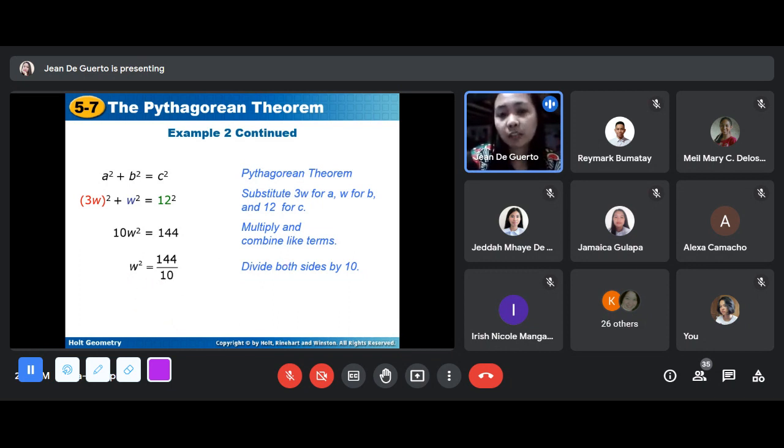We extract the square root, taking the positive square root lang. So therefore, we have, ilan? What is the square root of 144 over 10? Take note na doon sa problem, you are asked to round your answers to the nearest tenth.